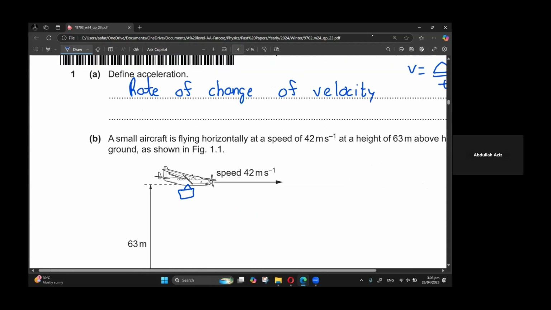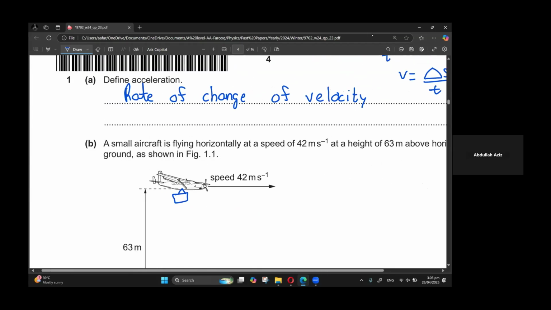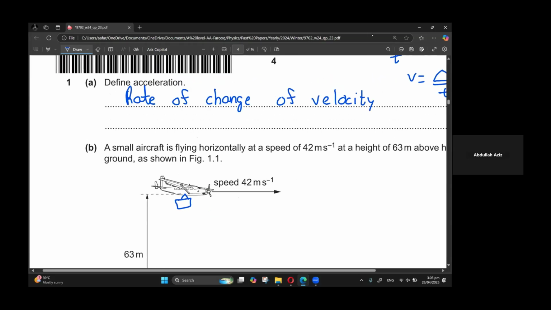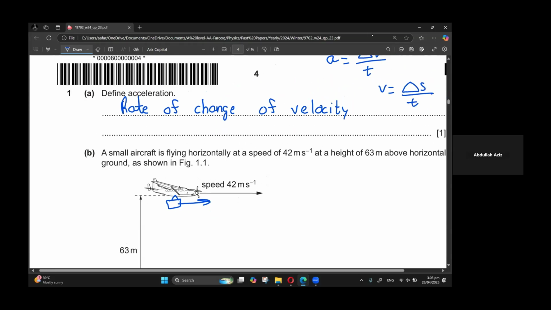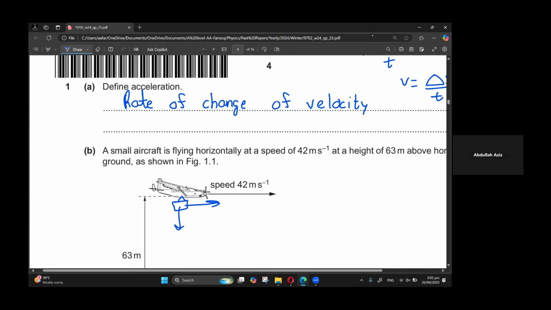So in this instant, it has a horizontal velocity of 42, but no vertical velocity.